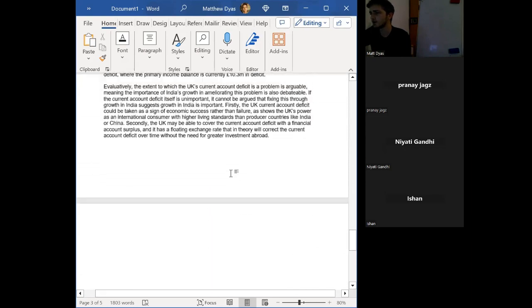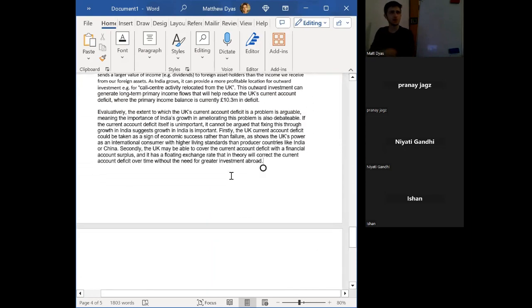I think I'm going to say that overall India is very, very important to the UK economy. And this is broader than just economic growth or the current account deficit. Any country, like if France grows, that can improve our current account deficit and increase our growth. Those arguments that we've made in the essay could apply to any country.